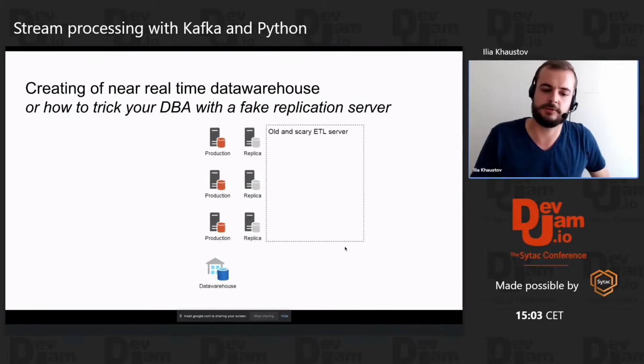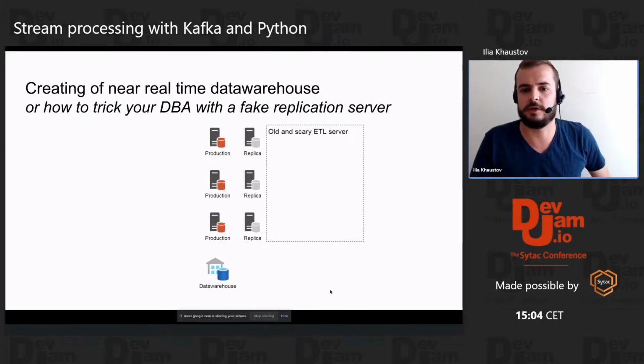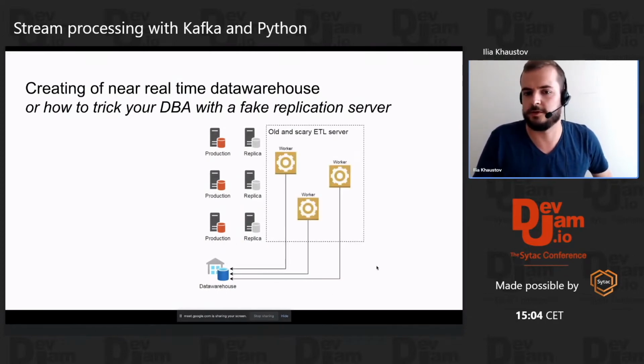Well, it was not old when it was created, but when I came, it was old, and a very scary ETL server. On this ETL server workers lived, and these workers ran every night for many hours, and they delivered and delivered and delivered data from replicas to the data warehouse. And if everything was fine, in the morning reports came.